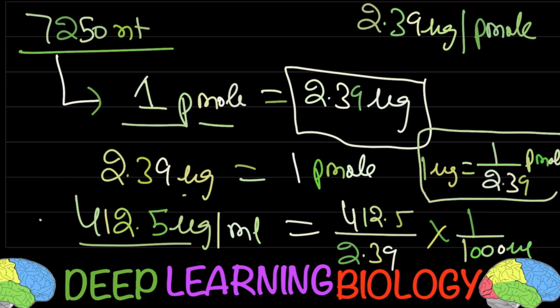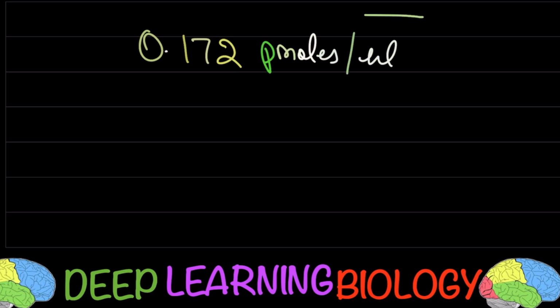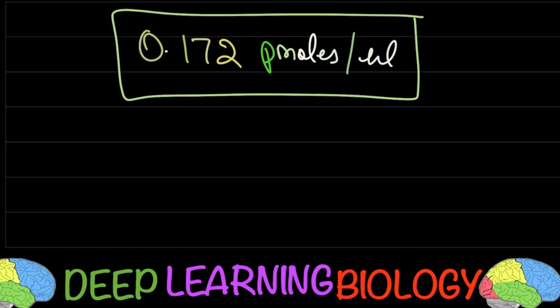If you solve 412.5 divided by 2.39 divided by 1000, you will get the answer in picomoles per microliter. It will come out 0.172 picomoles per microliter.